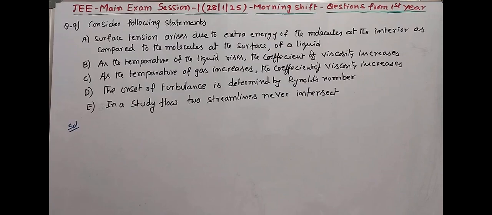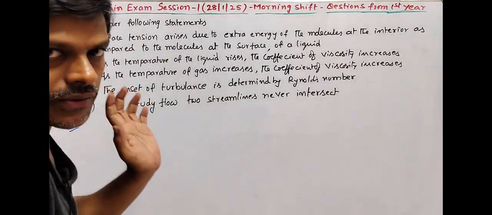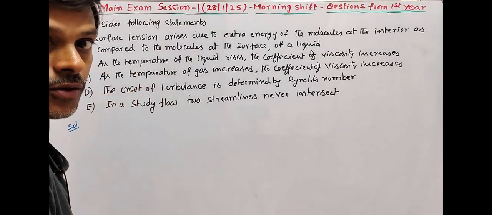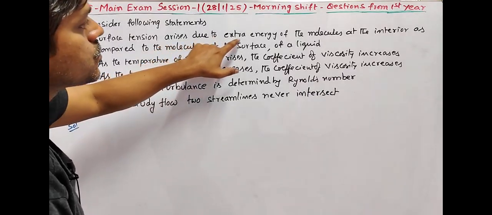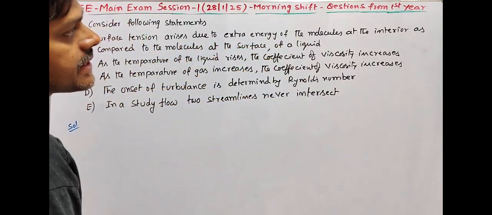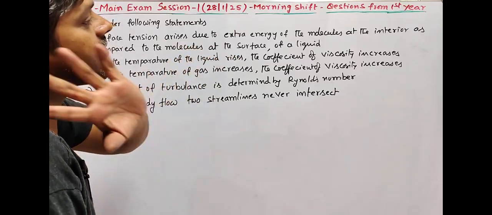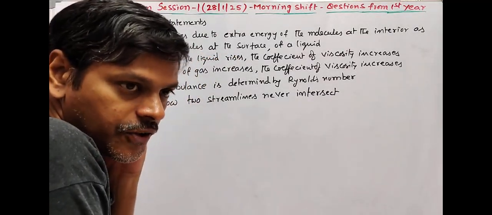Right, the ninth question. Consider the following statements. From these statements you can choose the correct ones. This is a multiple correct question. First statement: surface tension arises due to extra energy of molecules at the interior as compared to the molecules at the surface of a liquid. You see, surface tension is a molecular phenomenon.